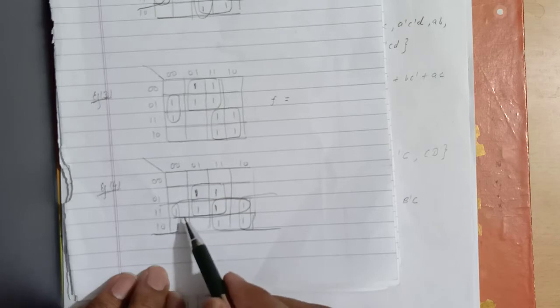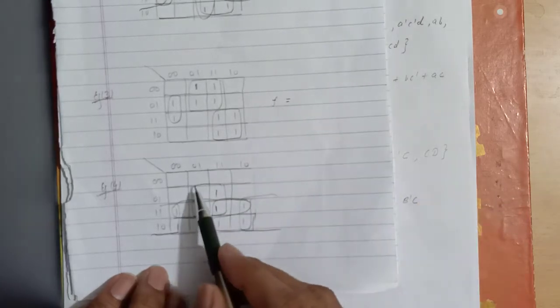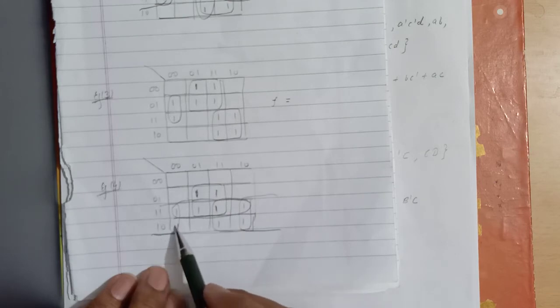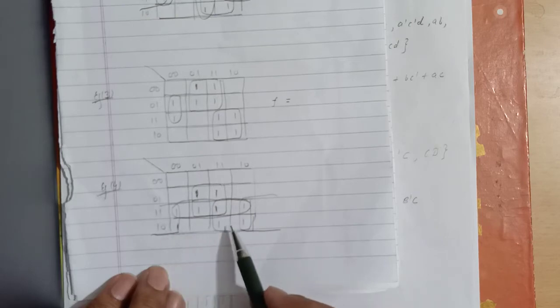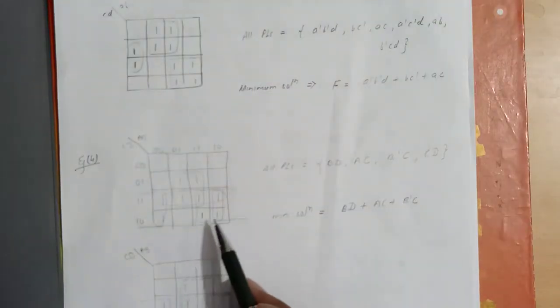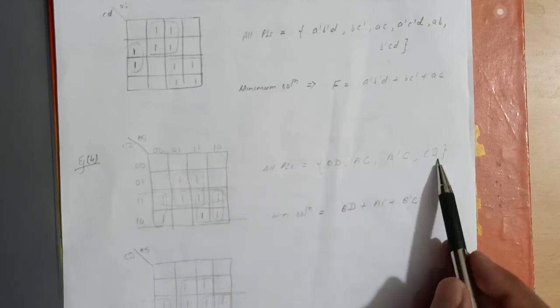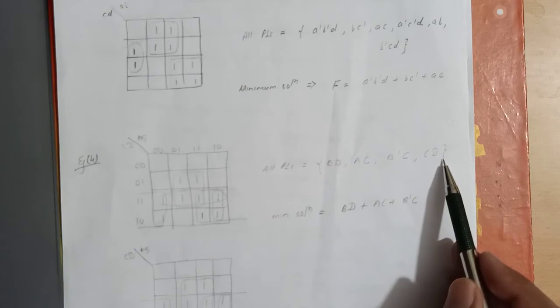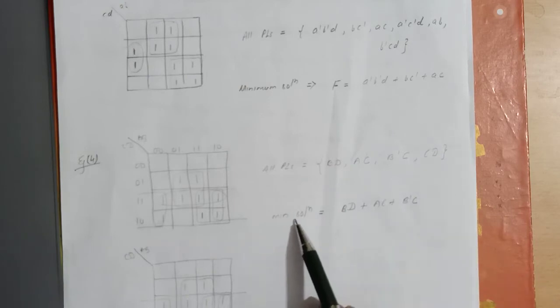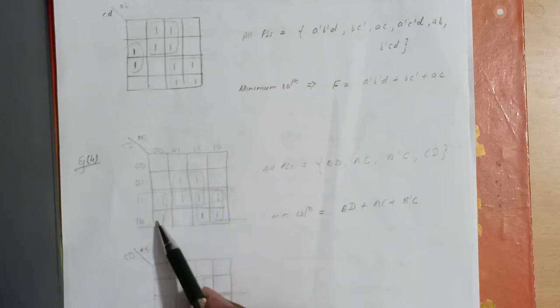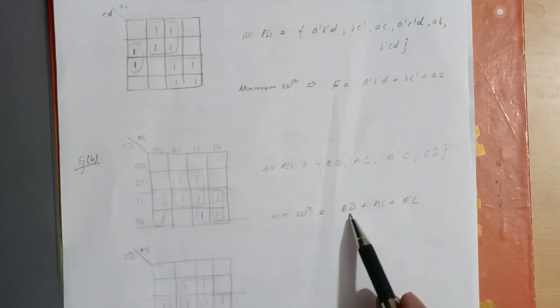If we take this and this, we will miss this one, these two ones, this one. So here these four are prime implicants. The minimum solution will have this and this. The remaining ones are already covered.